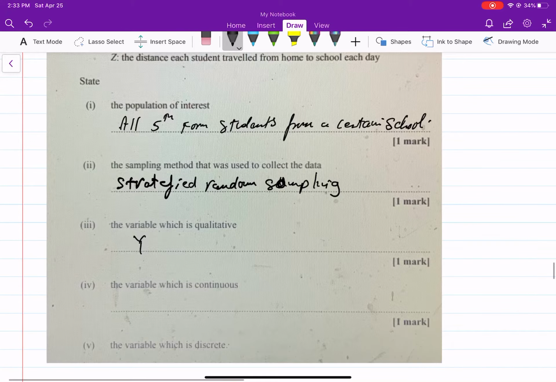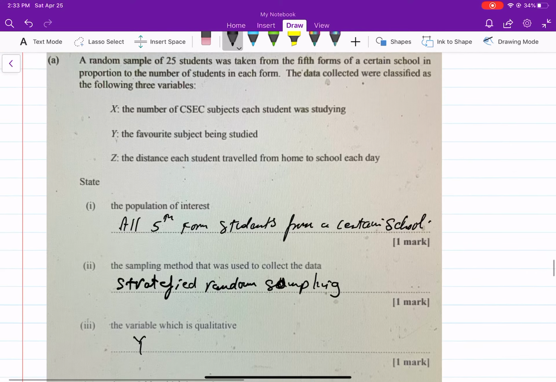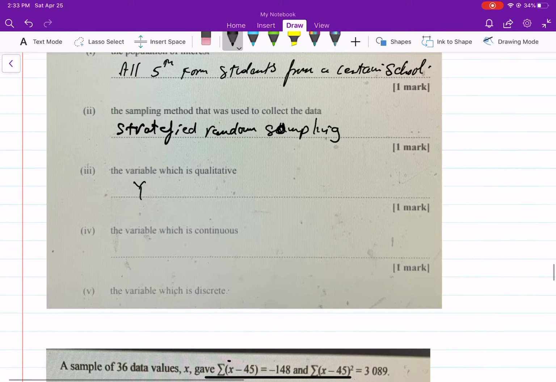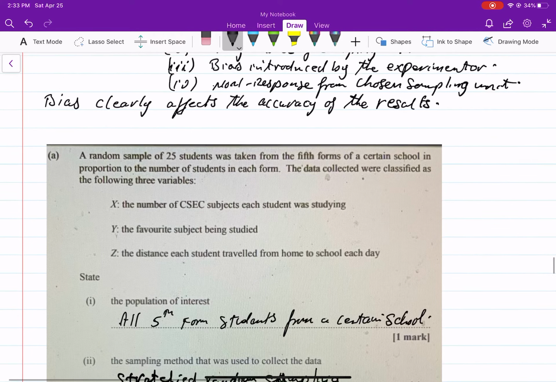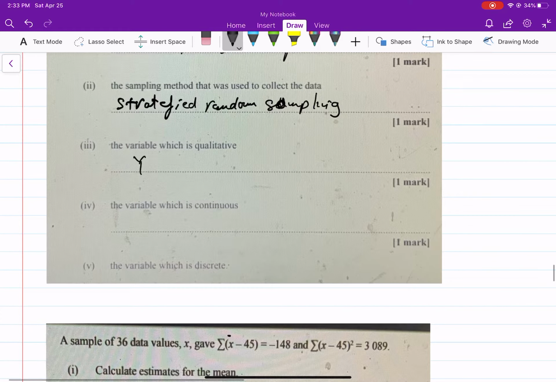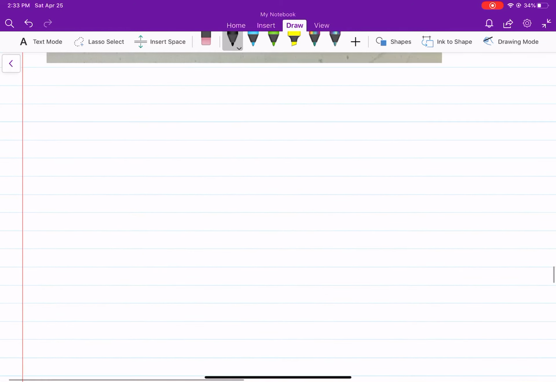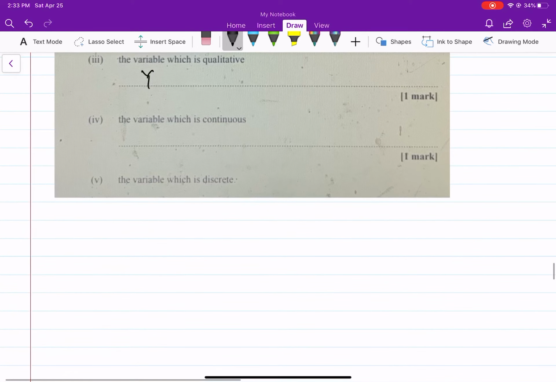The variable which is continuous. Now, quantitative variables, let me draw a little flow chart here. Variables can be broken up into qualitative and quantitative.